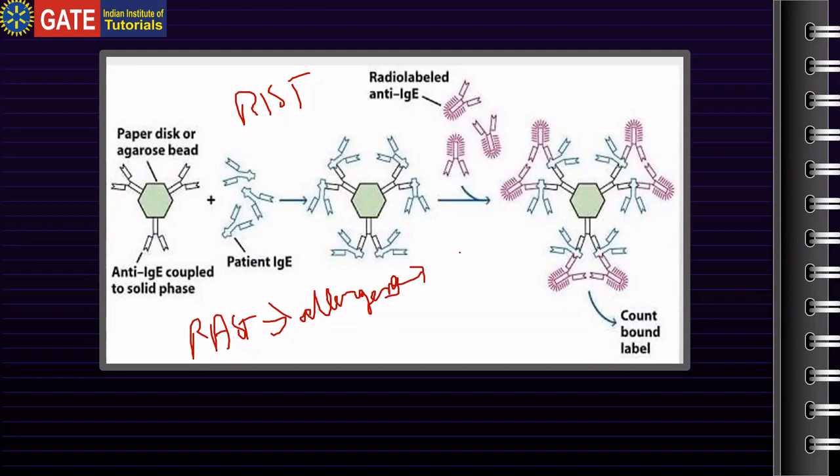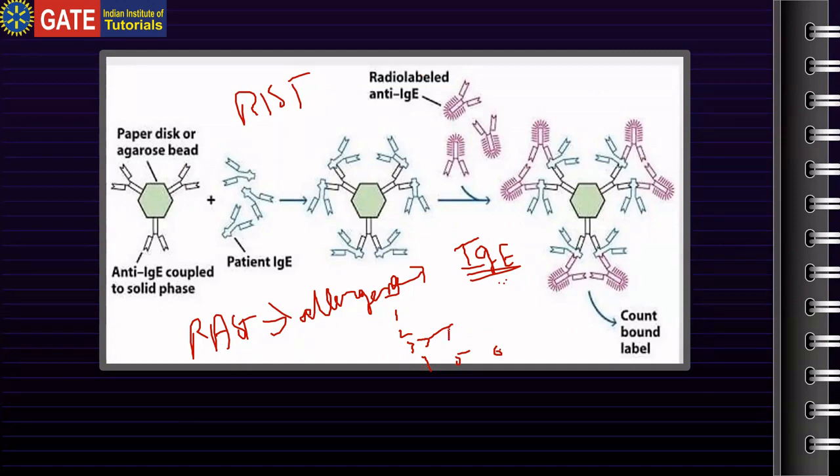Once we take the multiple allergens, then we will observe the IgE. Suppose, for example, I have taken 6 allergens. Once we take the blood sample from the patient, we can observe among these 6 allergens that IgE comes and associates very specifically to allergen 3. Then what's the conclusion?